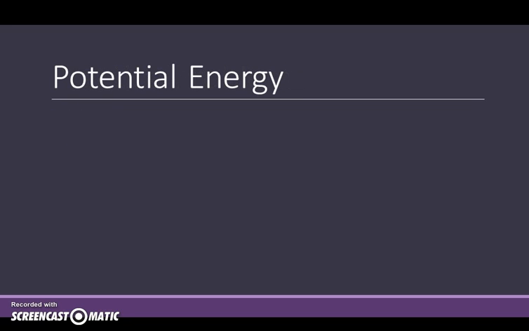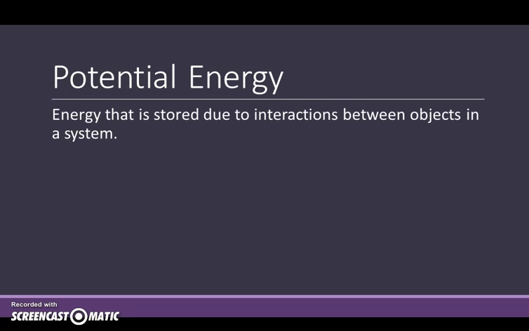Moving on, the second type of energy that we're going to talk about is potential energy. It's very similar to kinetic energy, only instead of energy of motion, it is stored energy, okay? And it's because of how objects interact with each other, and it's because of a height. So if you have potential energy, you have to have some object at some height being affected in some way.